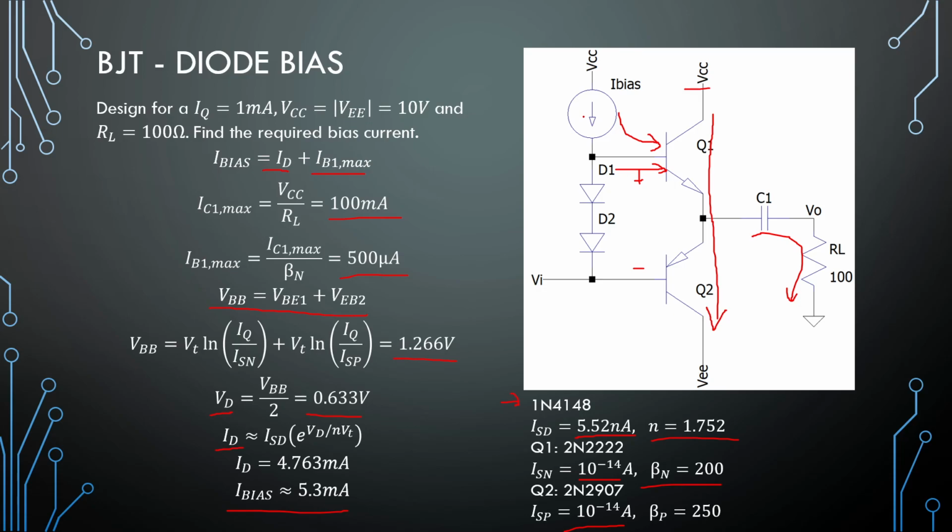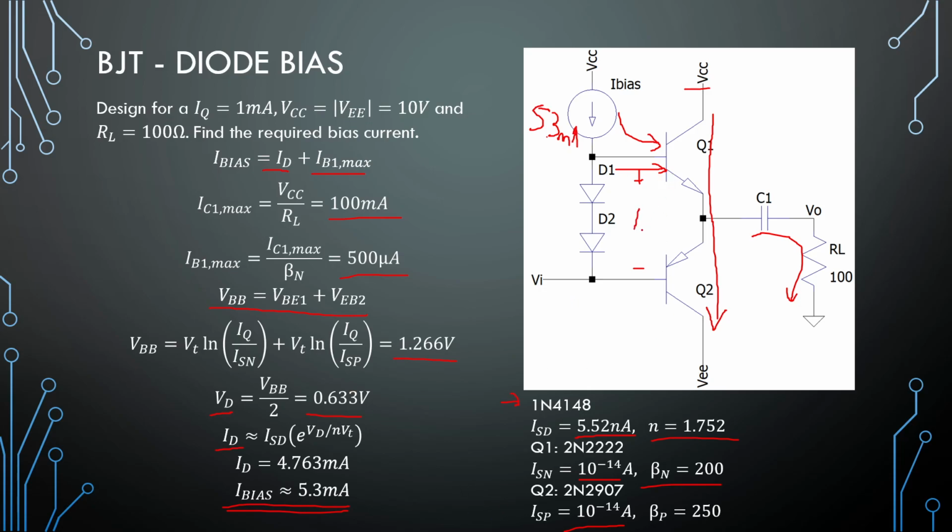Okay, so we're first going to have a look at all the diode bias configurations, and then we're going to do some simulations, and then move on to the VBE multiplier. Okay, so in all our problems, we are going to use the same components. So the bias current required here, 5.3 milliamps, will be the same in all our following problems.